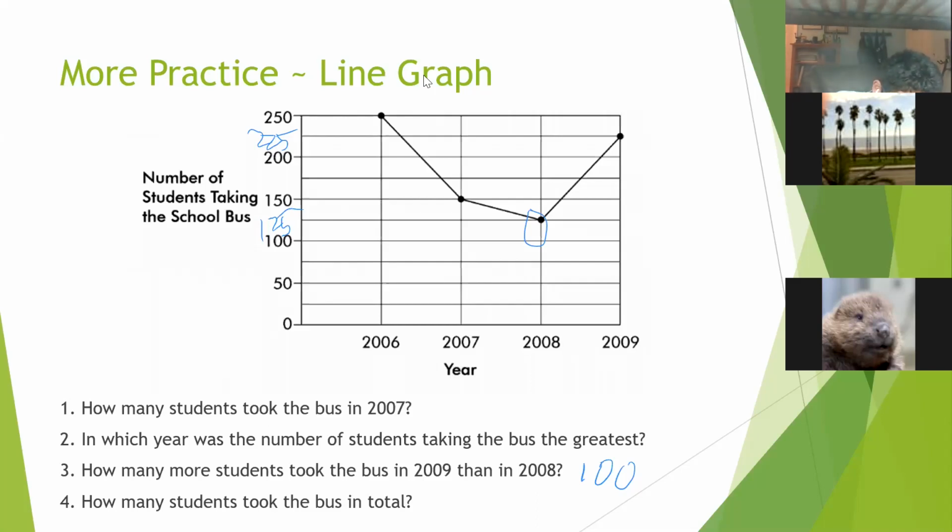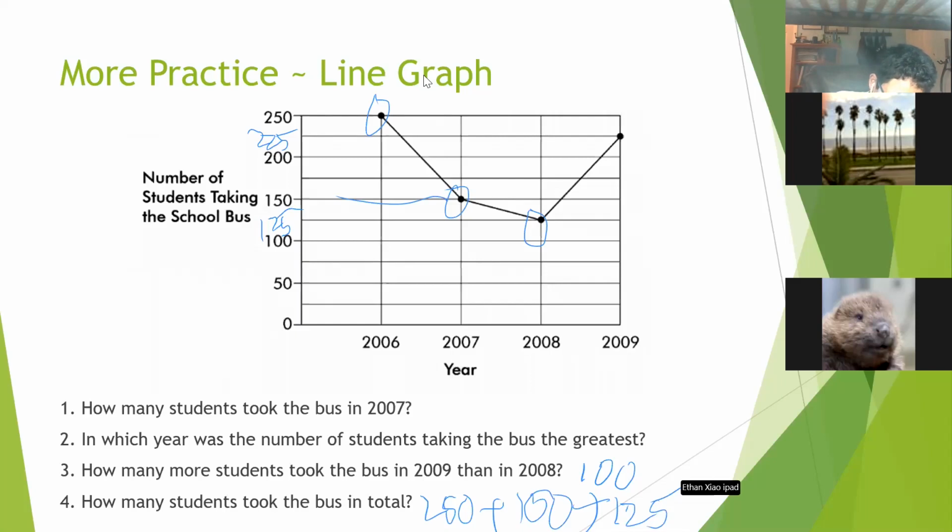So first we find the first dot, which is 250. 250 plus, we just have to add everything together. So 250 plus 150, which is here, plus this dot, which is 125.